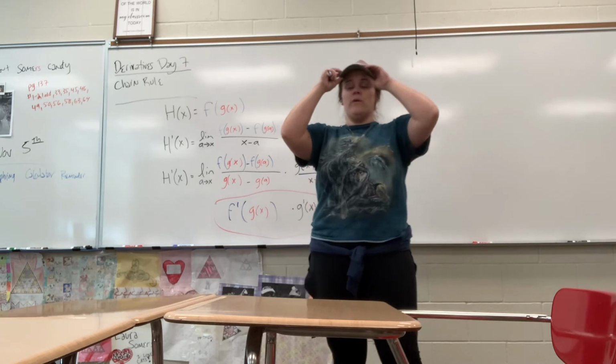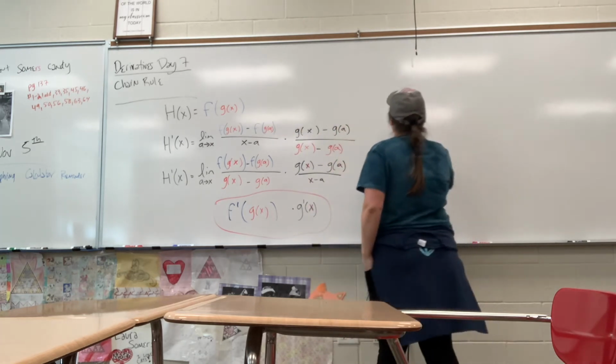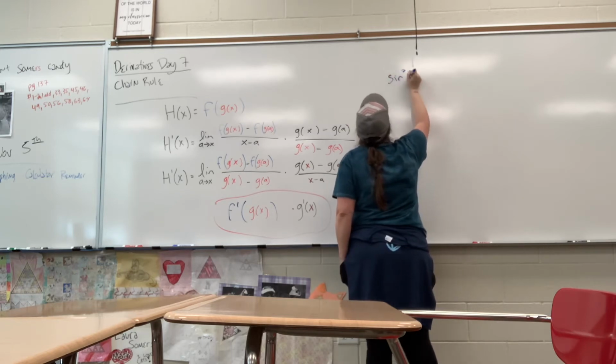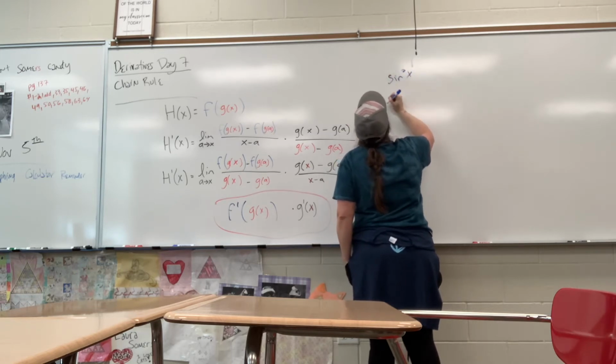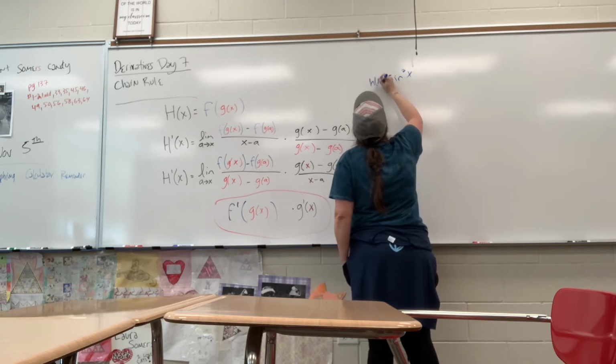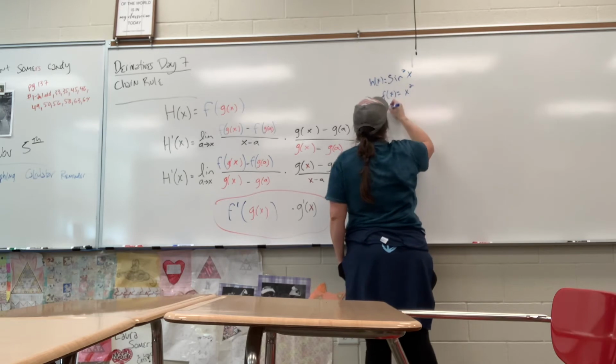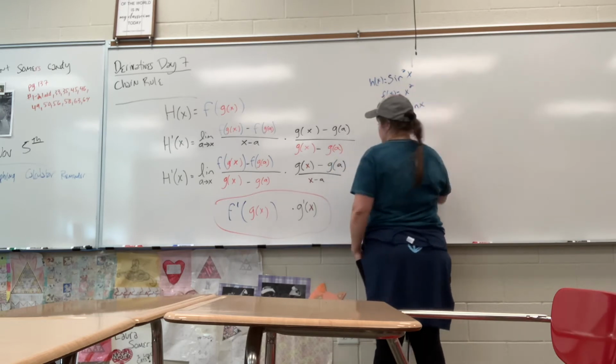So let's start with one of the ones we did at the beginning of class. Okay, what did I do? Sine squared of x? Wasn't that one of the ones I did? So we said f of x was x squared and g of x was sine of x, right? Yes.